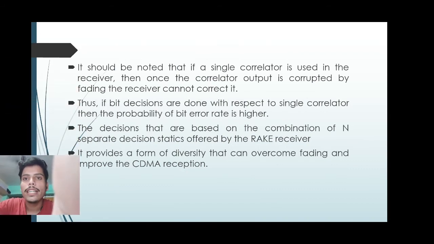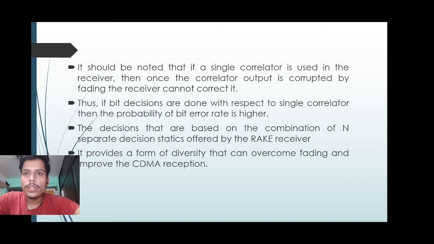It should be noted that if a single correlator is used in the receiver, then once the correlator output is corrupted by fading, the receiver cannot correct it. Thus, if bit decisions are made with respect to a single correlator, then the bit error rate is higher. The decisions based on a combination of n separate decision statistics are offered by a rake receiver.